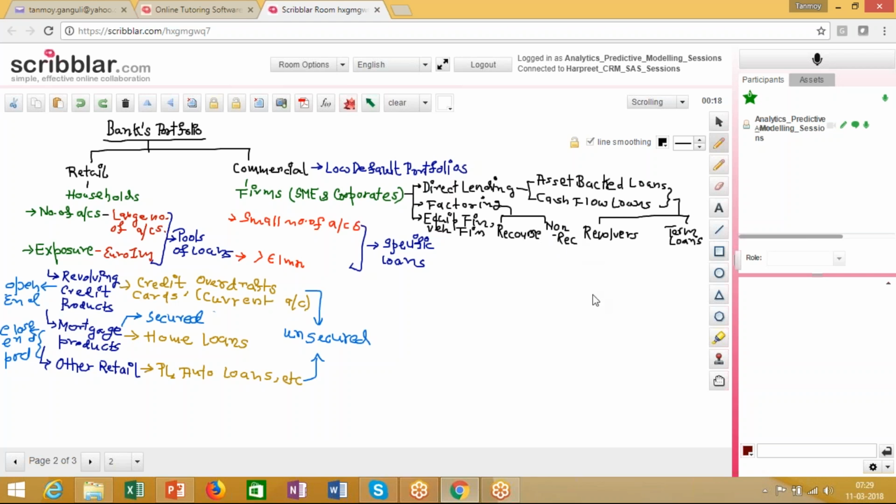So similarly, there are other different kinds of products for equipment finance and vehicle finance as well. Right. Now, apart from this, these are the outline of different products, right? So now there are different lending processes, there are different lending agreements, then there are different factors, etc.